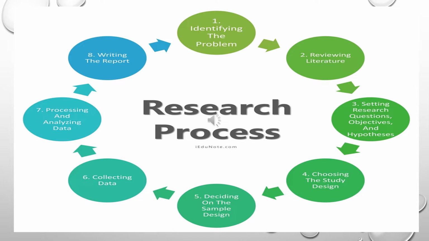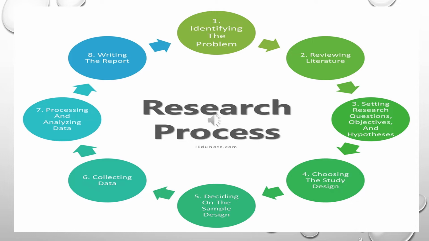The next one, collecting the data. Collecting data is a systematic process of gathering observations or measurements. The next one, processing and analyzing the data. Data processing in research is the collection and translation of your data set into valuable information.